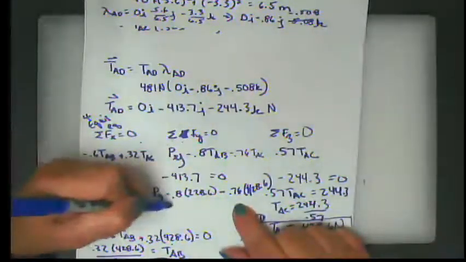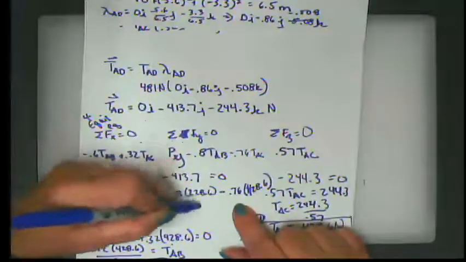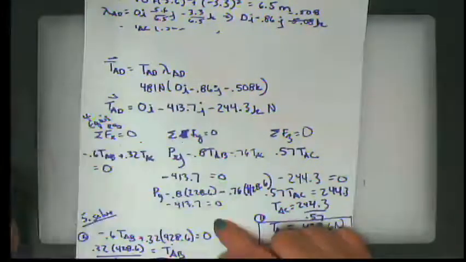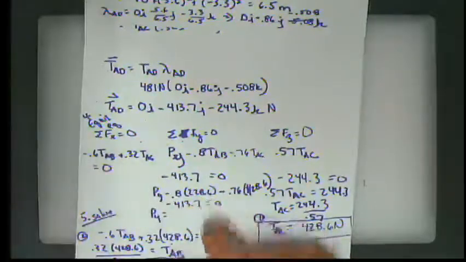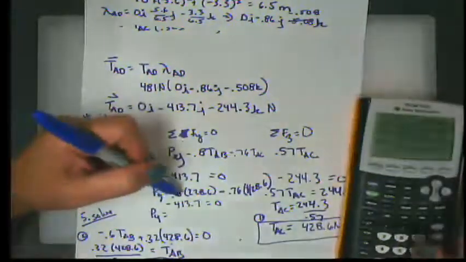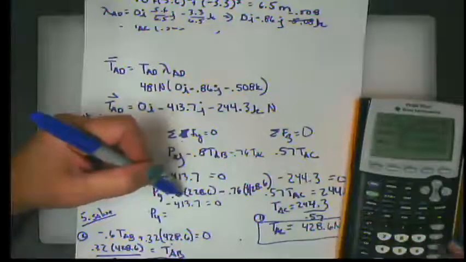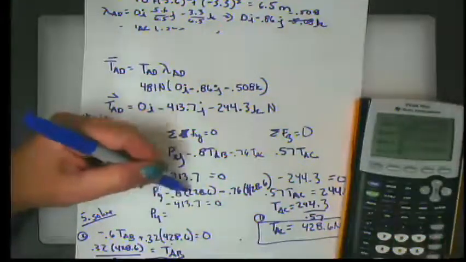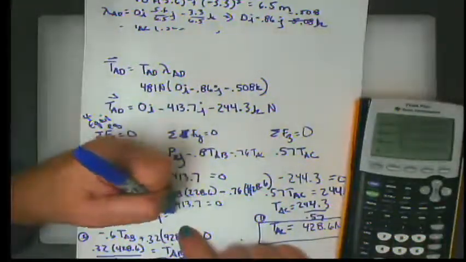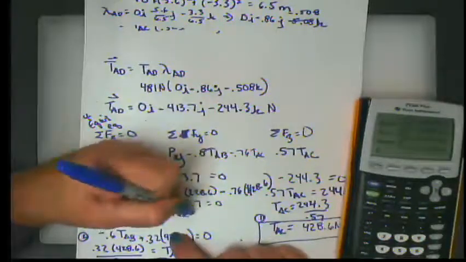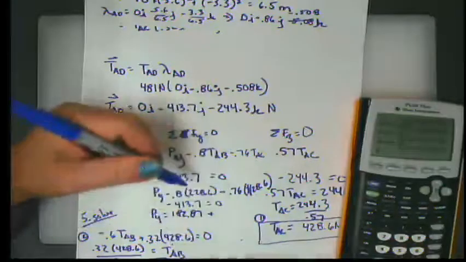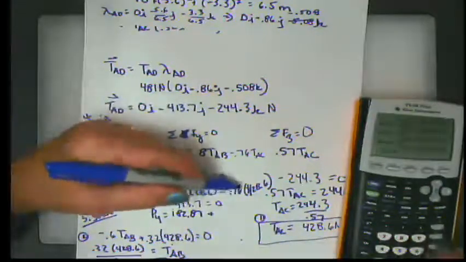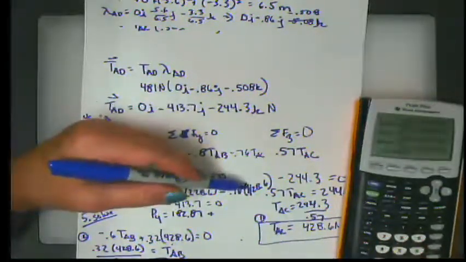So that minus 413.7 equals 0. So I can just put p sub y over here, multiply each of these things. So I have 0.8 times 228.6. So this first one becomes 182.87. The second one becomes 0.76 times 428.6.